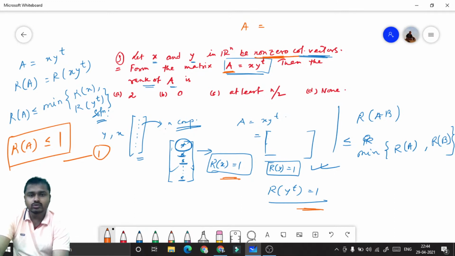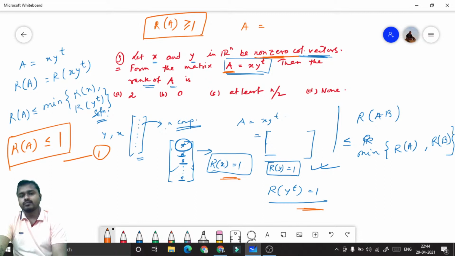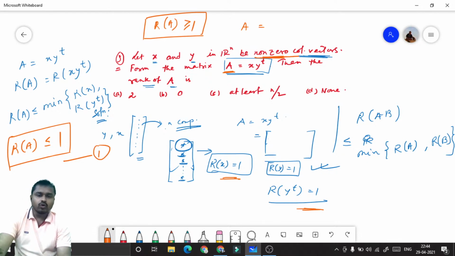Then immediately conclude that rank of A is also greater than or equal to 1. X and Y are non-zero column vectors, so whatever matrix multiplication you do, there will be at least one non-zero row for the matrix A. From there you can conclude this result.